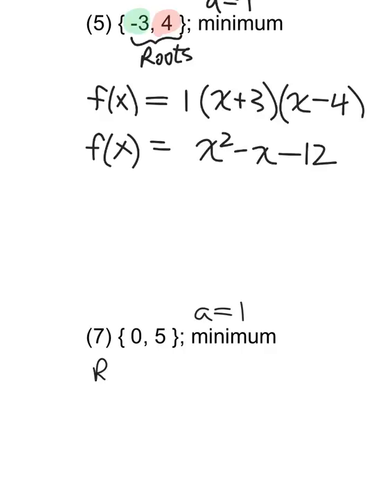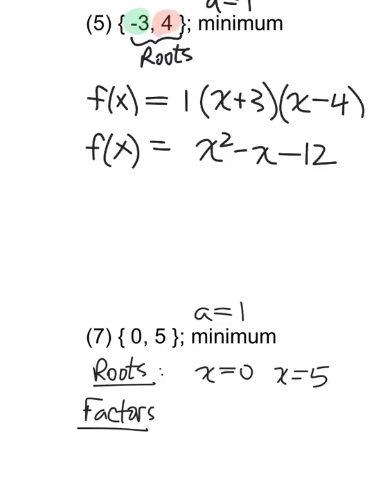We have the roots x equals 0 and x equals 5, which correspond to factors. Because what happens is people tend to neglect the 0. They think it doesn't play a role because 0 disappears. But it actually plays a role, as in it leads to another factor. It's easy to lose sight of what that factor is.